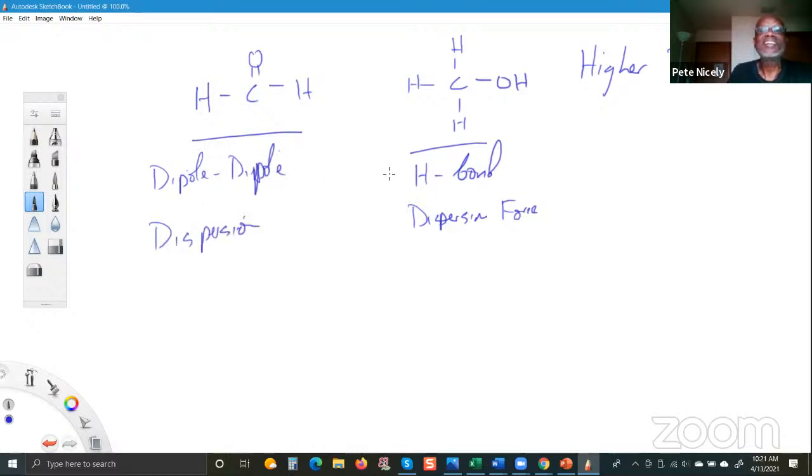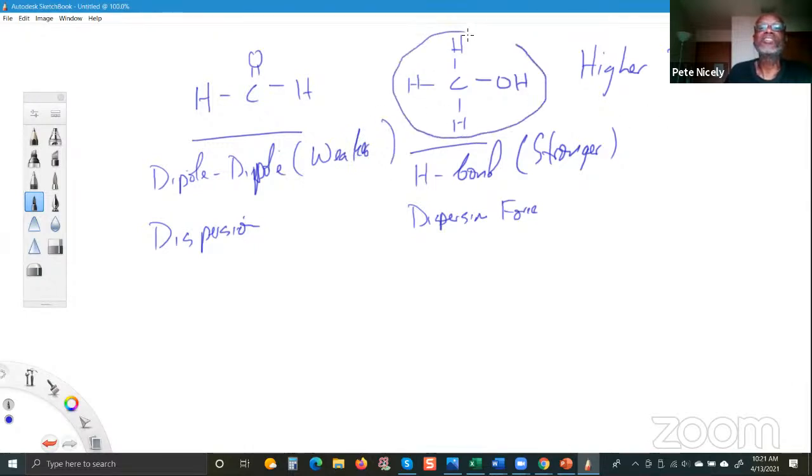And because the hydrogen bond is stronger compared to the dipole-dipole interaction, which is weaker, that means that the methanol molecule will have a higher boiling point.